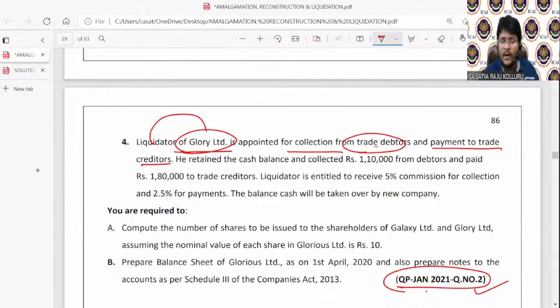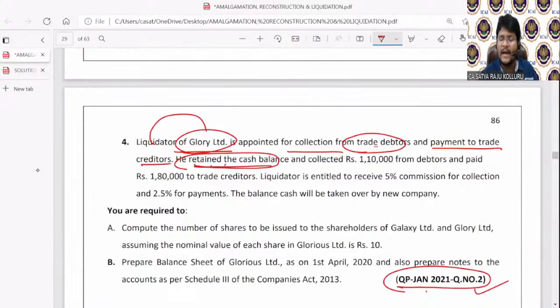Am I right? He retained the cash balance. That means cash is also not taken over by the purchasing company. Up to this point, he retained the cash balance. I don't know in future whether the cash is taken or not, but up to this, I can treat that cash is still with the selling company only.